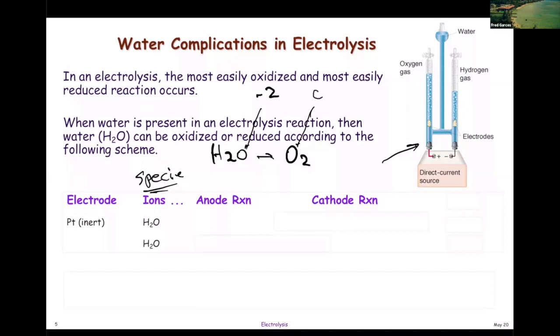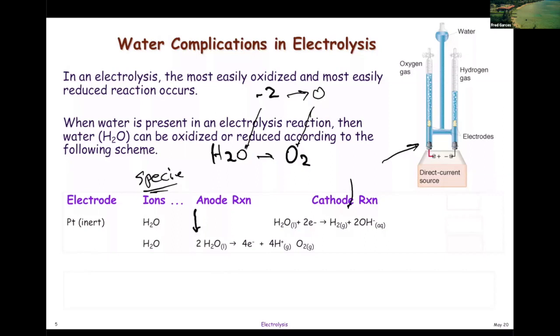So that's an increase in the oxidation state. That's an oxidation. So this reaction down here at the anode is the oxidation of water. And then this reaction over here at the cathode will be the reduction of water. So what you guys need to write down in a cheat sheet is these two reactions right here.